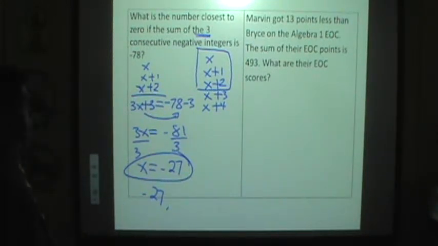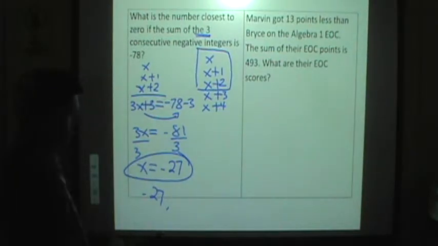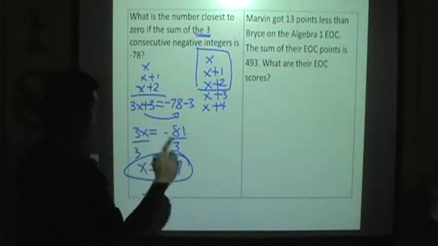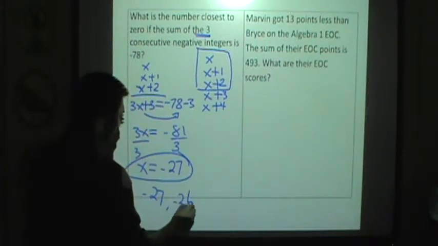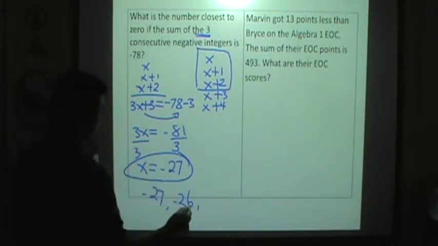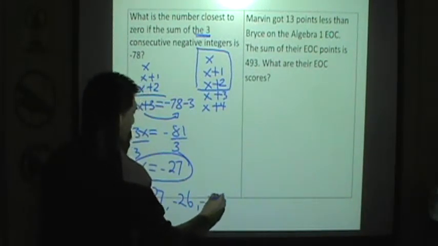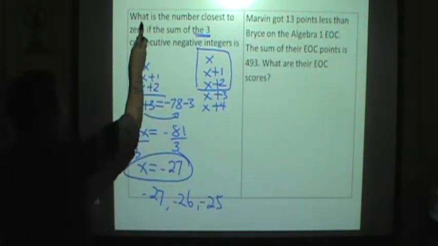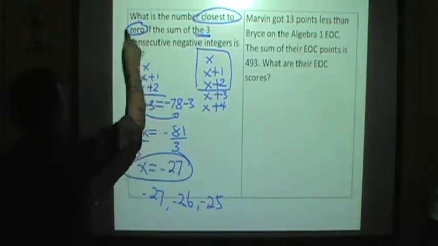What is the next number after negative 27? Here you have to add 1. So negative 27 plus 1, if you use your calculator or mental math, you will get negative 26. Next number is plus 2, negative 25. Now, if you go back to the question, what is the number that is closest to 0?